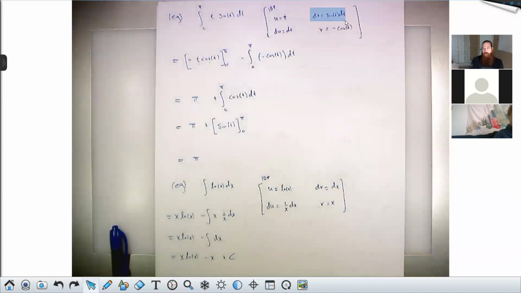That's kind of one of the nice things about integration by parts. So here I have u times v evaluated from 0 to pi minus the integral of v times du evaluated from 0 to pi. So it's kind of just the way the formula shakes out, that the sine t piece here, the dv piece here, doesn't show up anywhere in the next line.